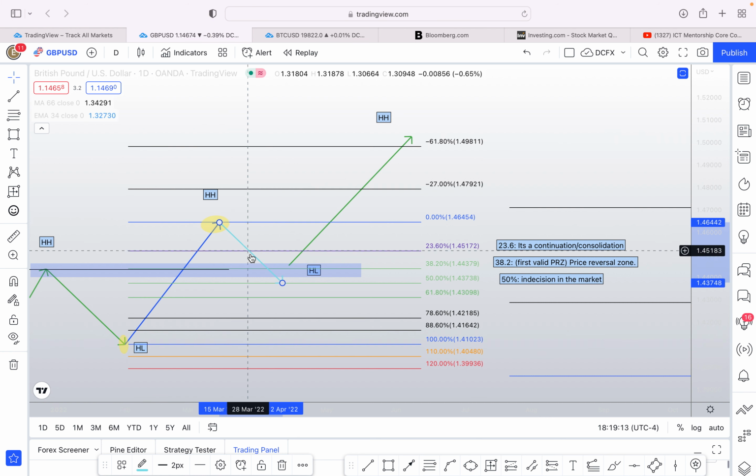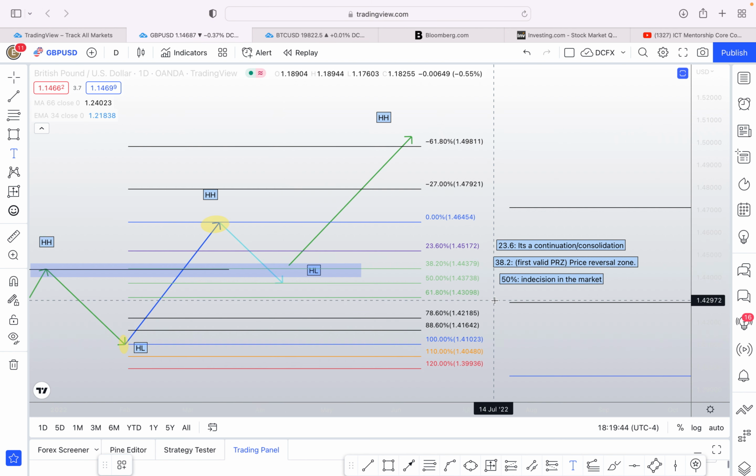So when the market comes to a level when it's 50%, there's an imbalance. There's just as many sellers that shorted up here as there are buyers that are holding long down here. So 50% isn't considered a price reversal zone, but that's not to say that price cannot reverse off of that level. Just know that that's not really going to be the area where we're going to consider it a PRZ.